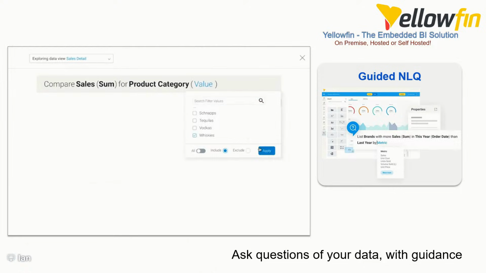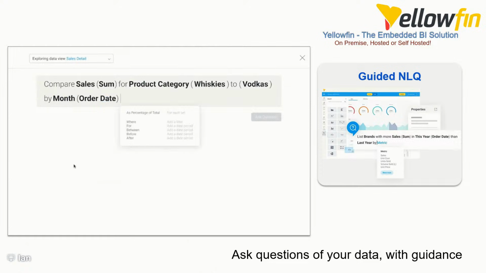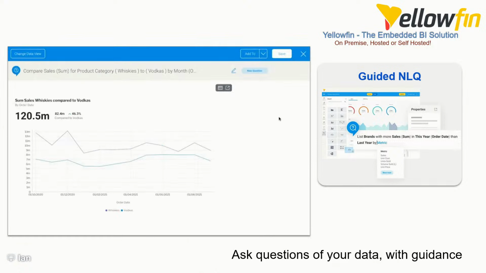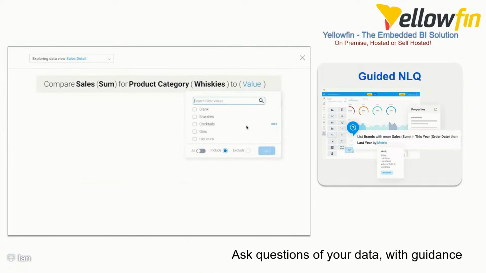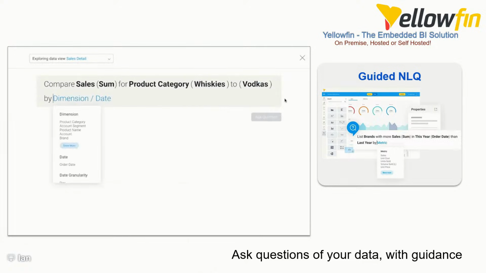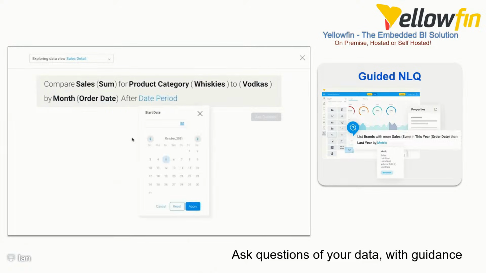It's as easy as that, and it does mean that your end users, if they're using the guided NLQ, don't have to be SQL experts. They don't have to sit there and say, select all from such and such group by having this, which is how many products out there do it.